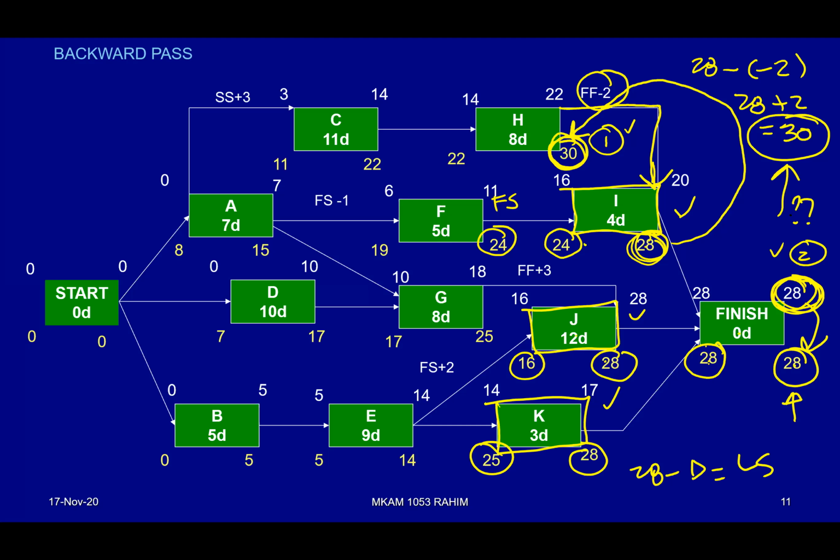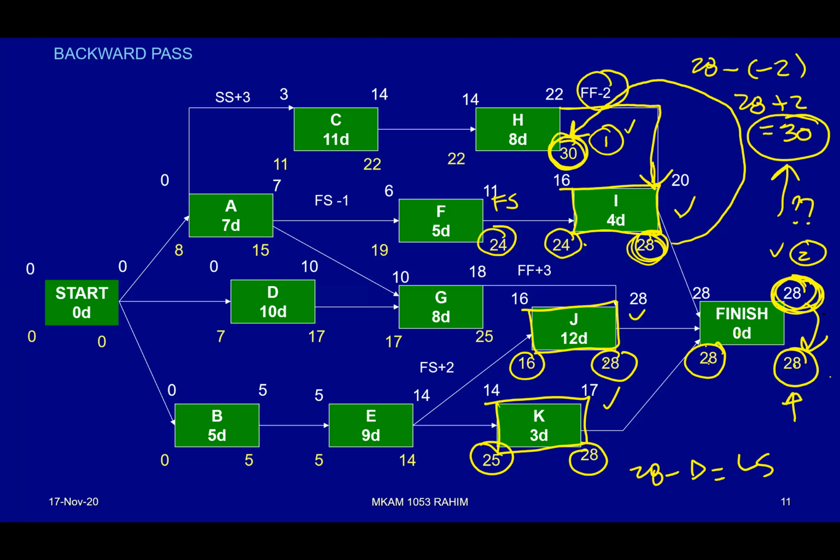Actually, in this scenario, if you choose option 1, then it is wrong already, because you cannot encroach more than 28 days, because that is the overall project duration. Everything must be completed within 28 days.